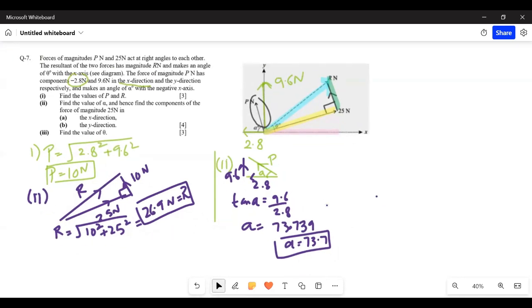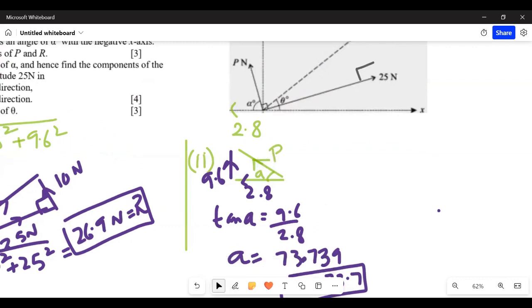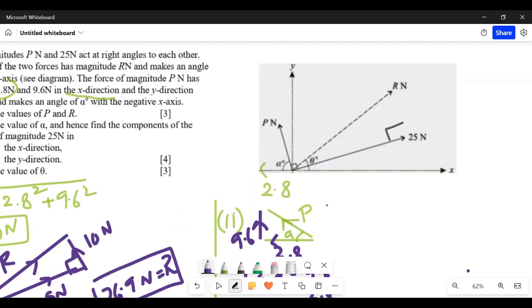Okay. And hence find the component of the 25 Newton force in the x direction and in the y direction. So we have alpha now, 73.7. This came out to be 73.739.